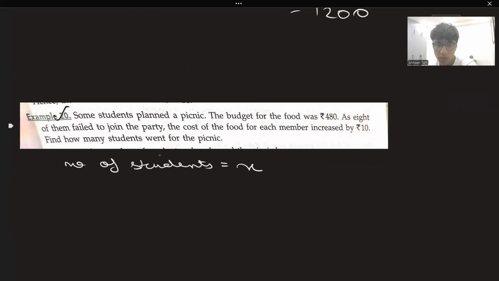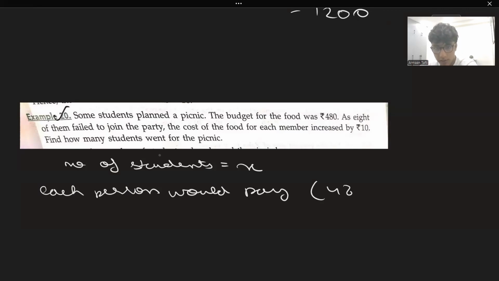So originally, how much would each person pay? Each person would pay 480 by X, right? Because you have 480 rupees over X people. So obviously, each person will pay a fixed, equal amount, that's 480 by X.